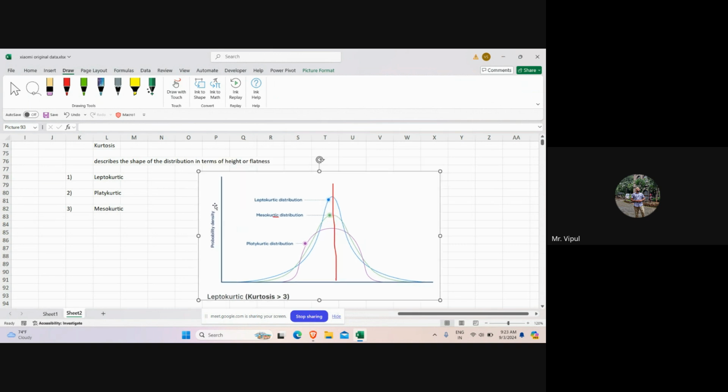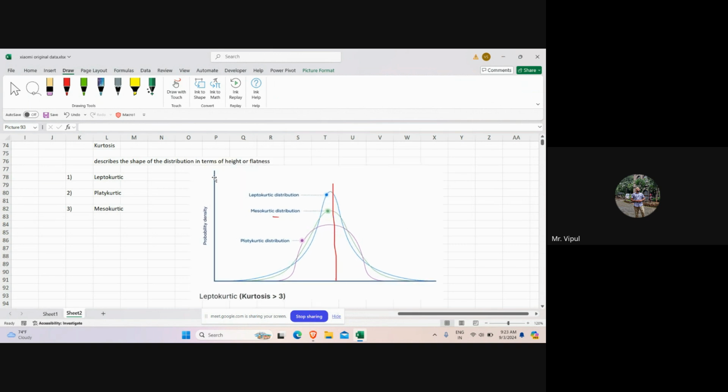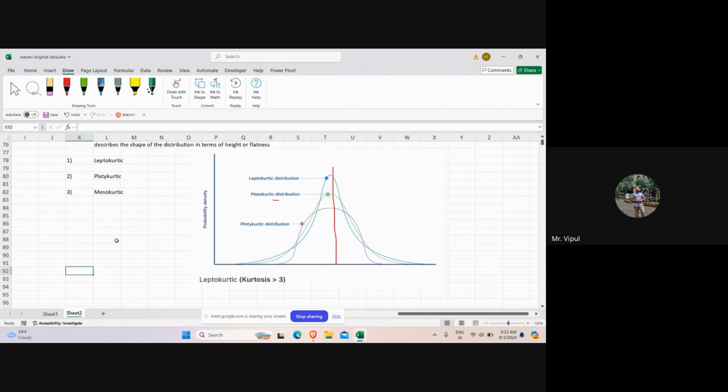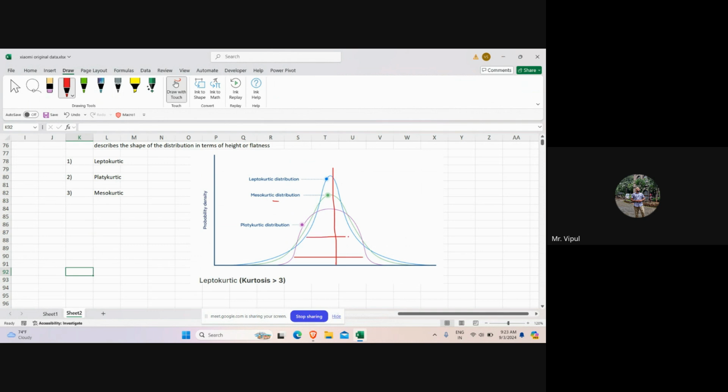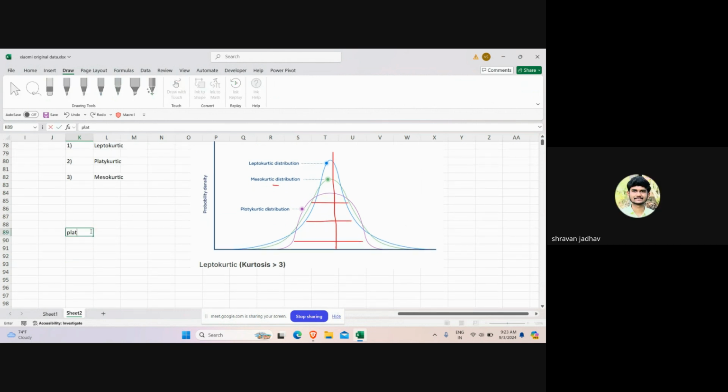And platy means flat, platykurtic distribution is flat, right? So which will have the highest variance and standard deviation? Yes, which will have the highest variance and standard deviation? The flat one, so platykurtic. Platykurtic is high, meso is middle, and lepto is low, right?